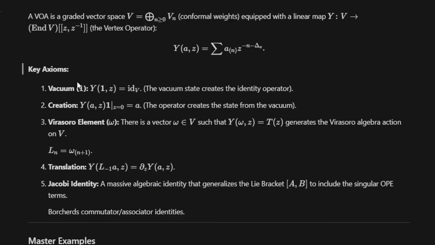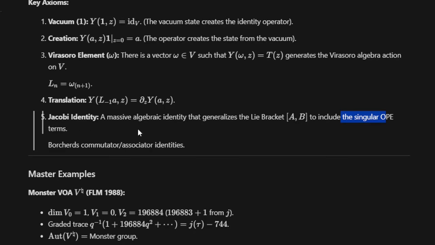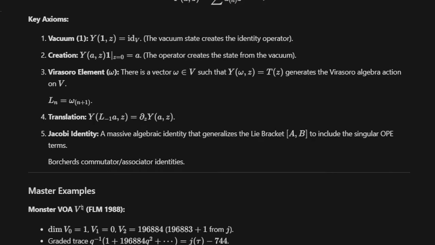And the other axiom is the Jacobi identity, a massive algebraic identity that generalizes the Lie bracket and includes singular operator product expansion terms. This is what is known as Borcherds' commutator-associator identities, which are generated from the operator product expansion on that Lie bracket.